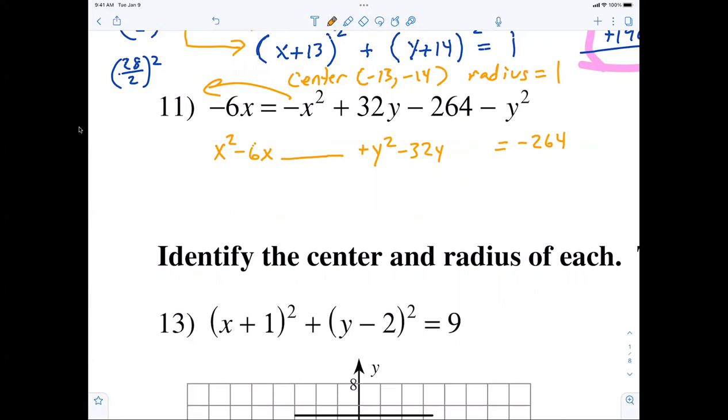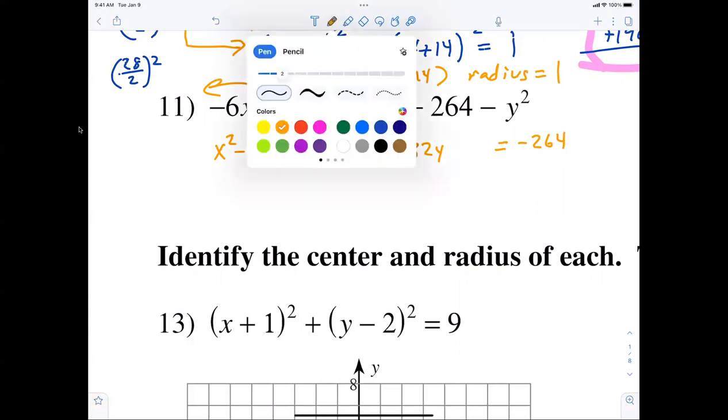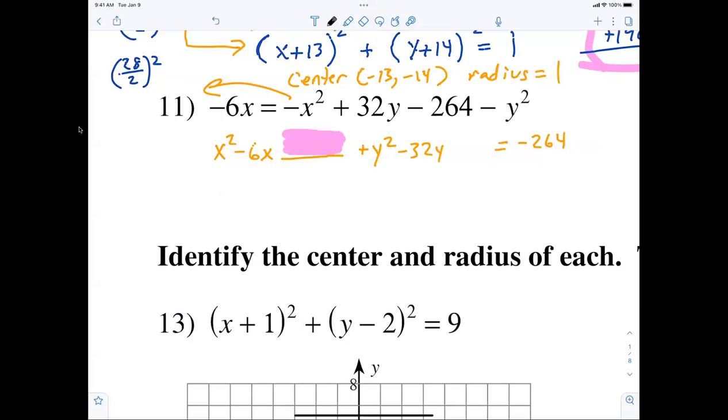Now your job right now is to determine, do I understand how to complete the square? So when I complete the square, what am I filling in right here? Positive 9. When you square a negative, you still get a positive.